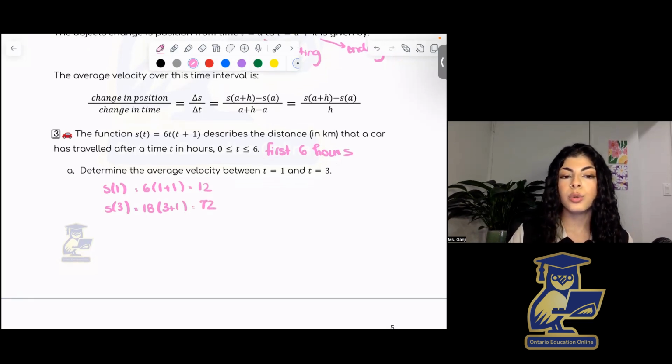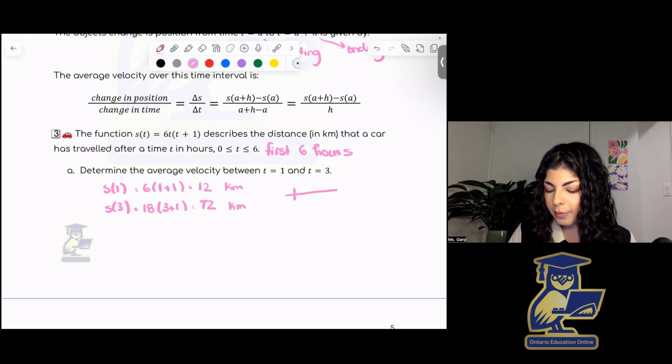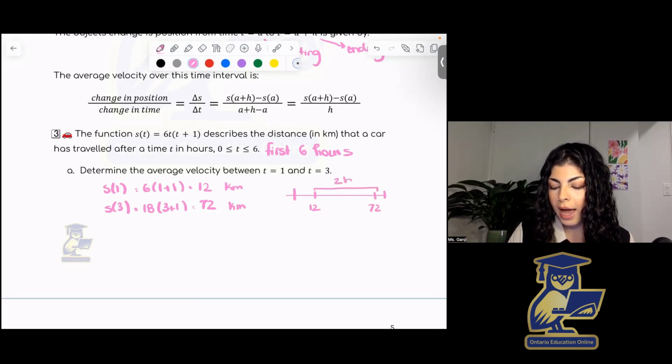So over 2 hours, our position changes from 12, and remember these are in kilometers, 12 kilometers to 72 kilometers. So think of this on a line, and this is just our position. We go from 12 to 72, and this will take us 2 hours.